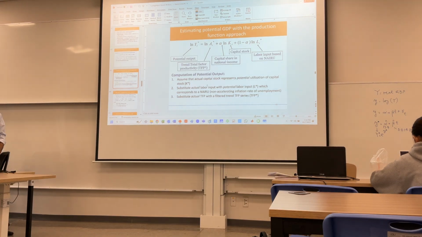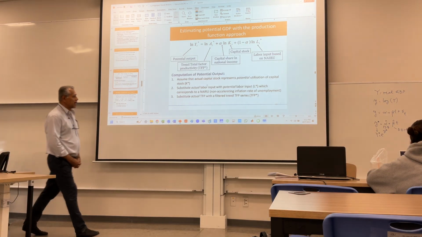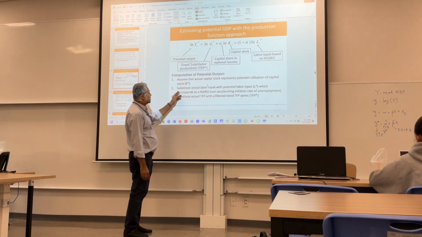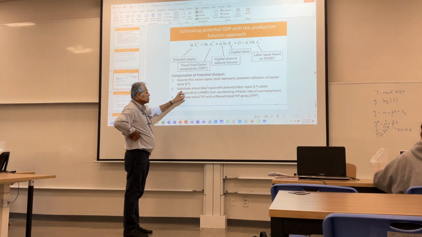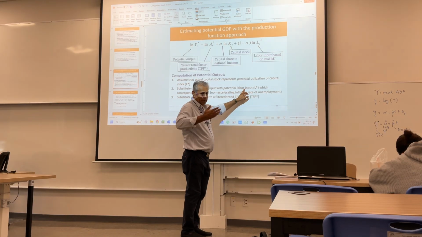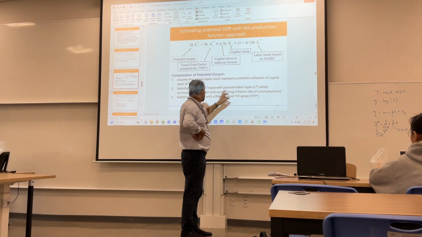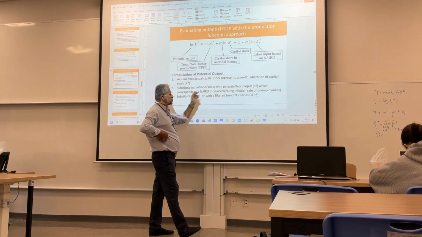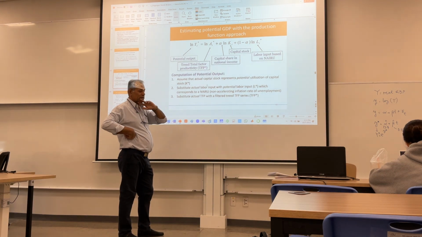the full employment level of labor is, we make some assumptions, then we can construct a measure of total factor productivity. We do that by substituting actual labor with the potential labor input, maybe some kind of a trend, which corresponds to the non-accelerating inflation rate of unemployment.